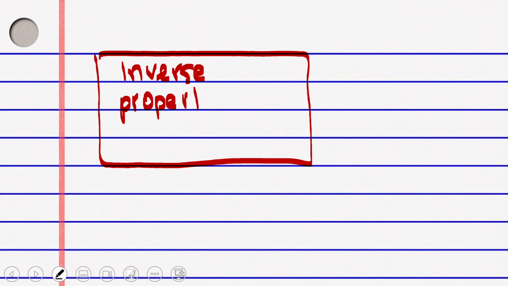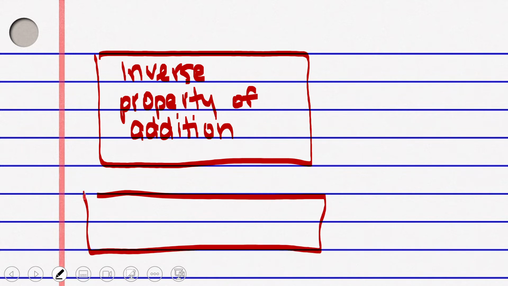The next one, inverse property of addition. This is where we're working with negative numbers. The inverse is like the opposite. Running out of room.